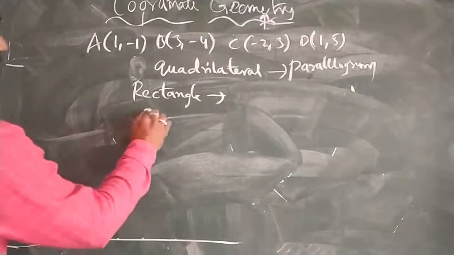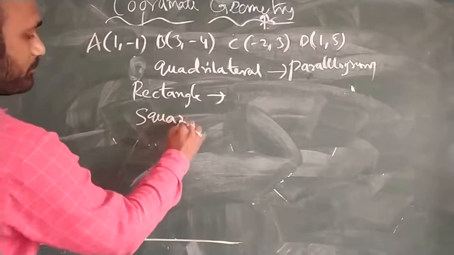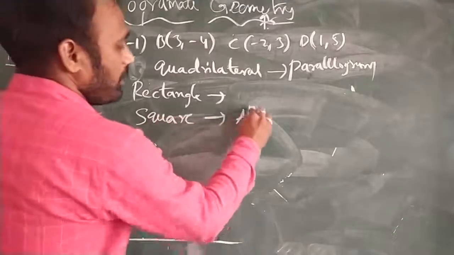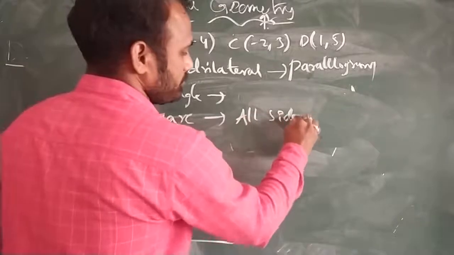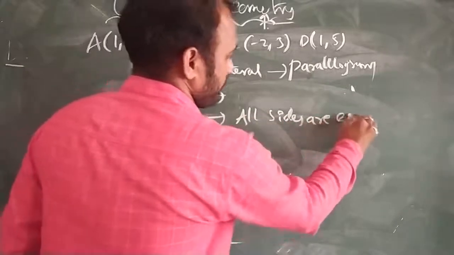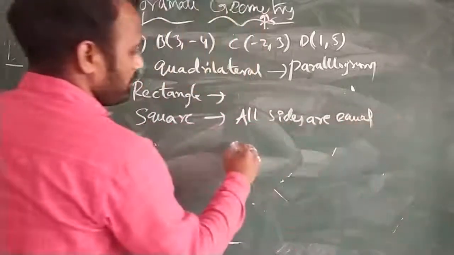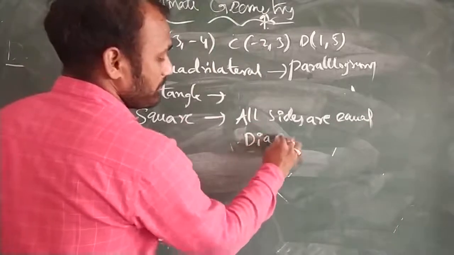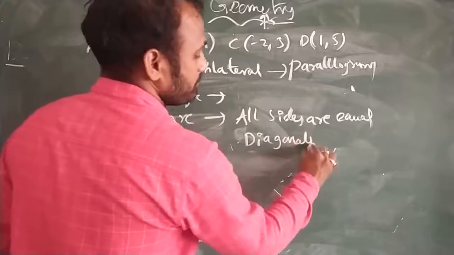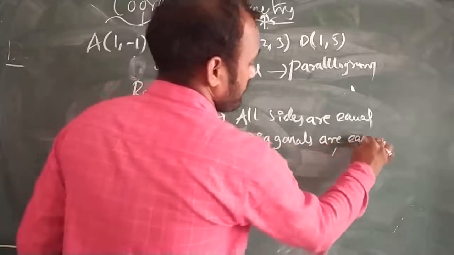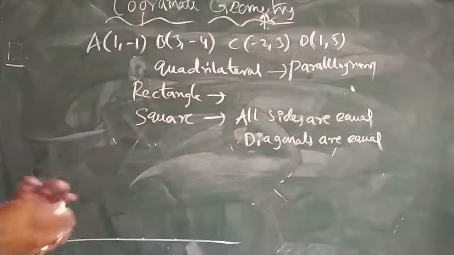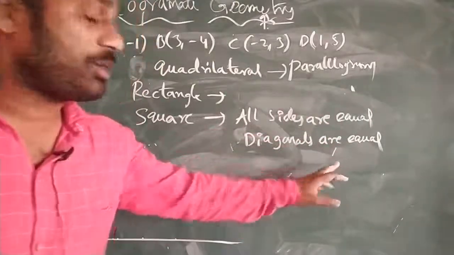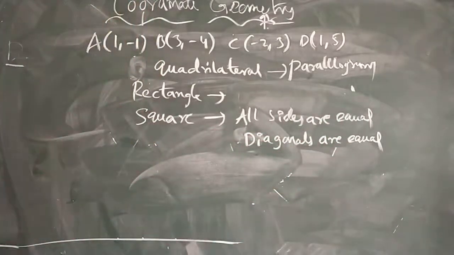Third one, square. If all sides are equal and all diagonals are equal. Only two diagonals will be there. Diagonals are equal. If all sides are equal and diagonals are equal, you have to call that figure a square.